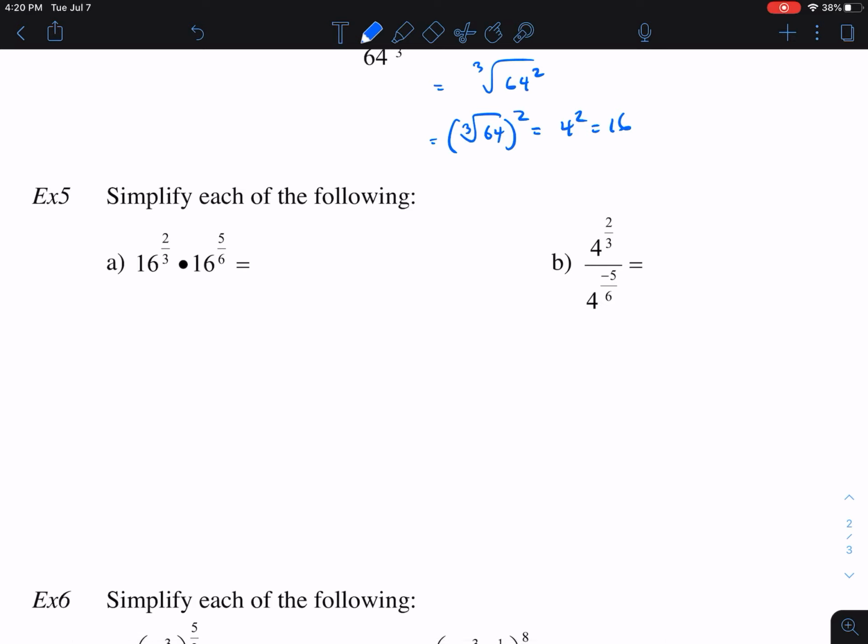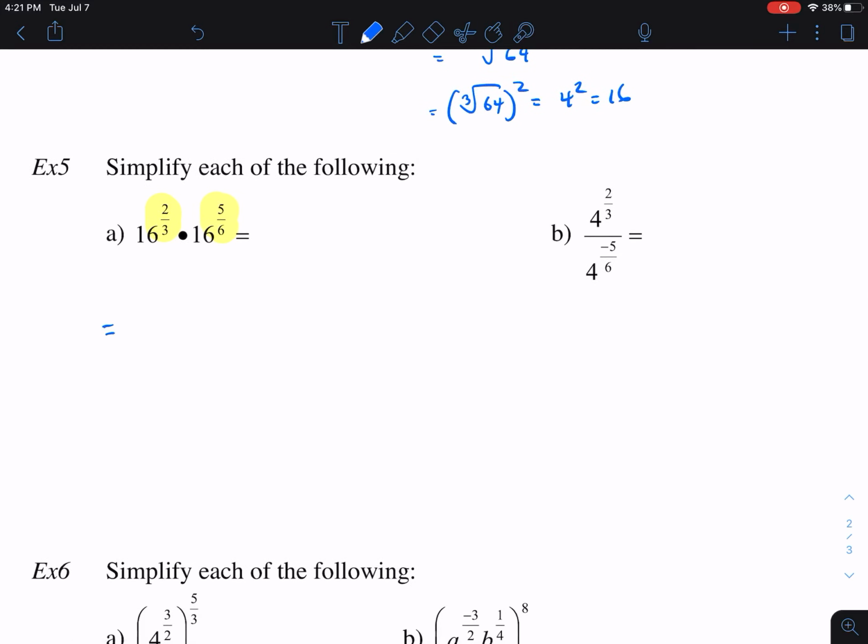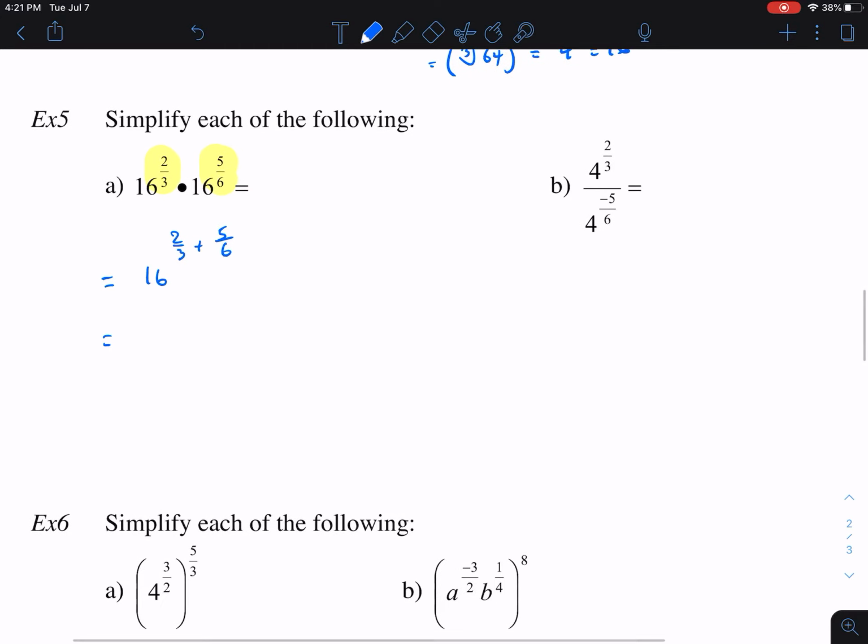Exponent form with fraction exponents, okay? We can say this is the same thing as 16 to the 2/3 plus 5/6, because using the exponent rule, 16 becomes 2/3 is 4/6, plus 5 over 6.